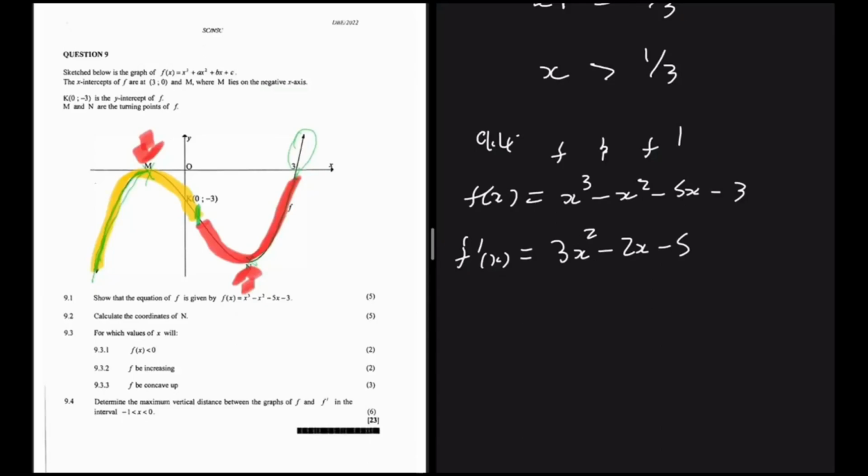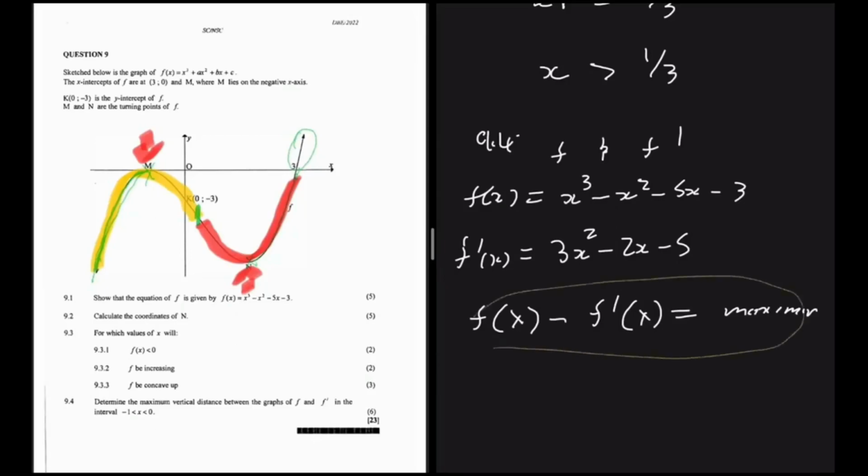When we talk about vertical distance, we're talking about f of some point, right? So we're saying for which value is f of a constant minus f prime of that constant a maximum. That's what we want. We want a point where this is a maximum, right?